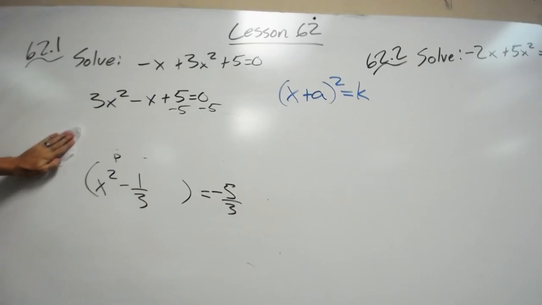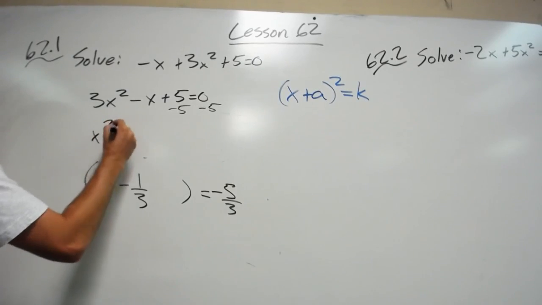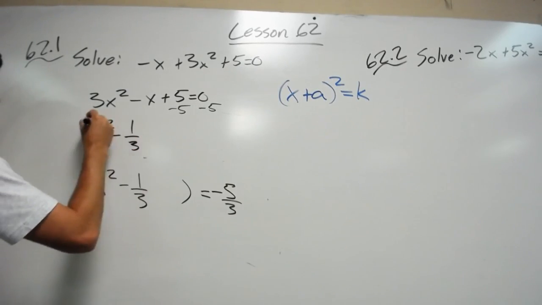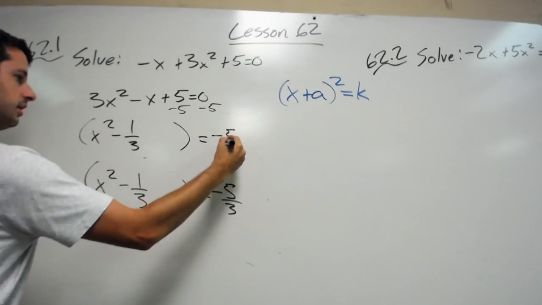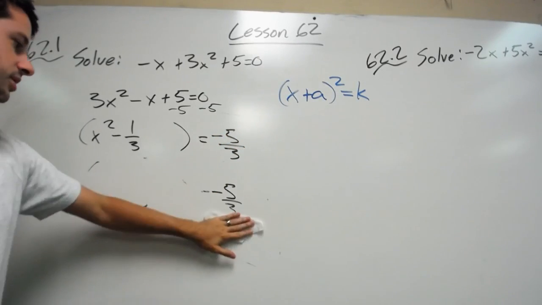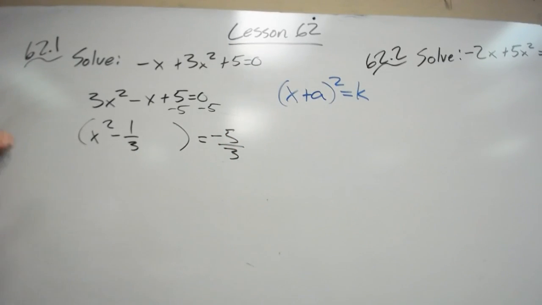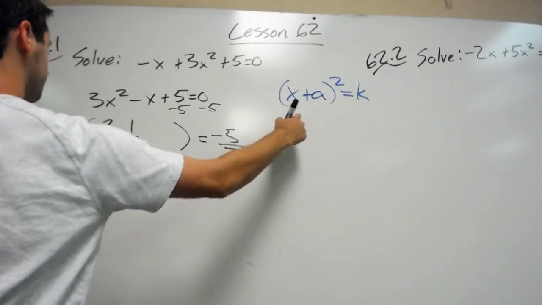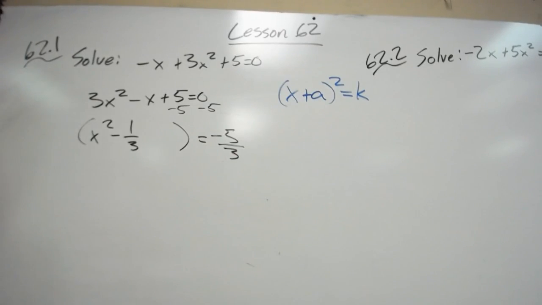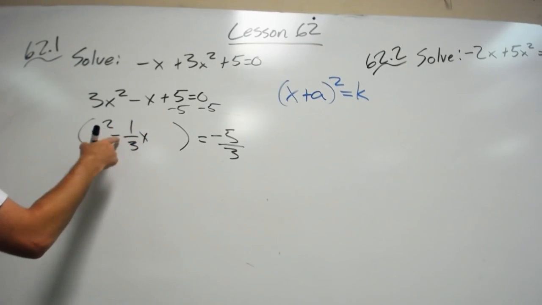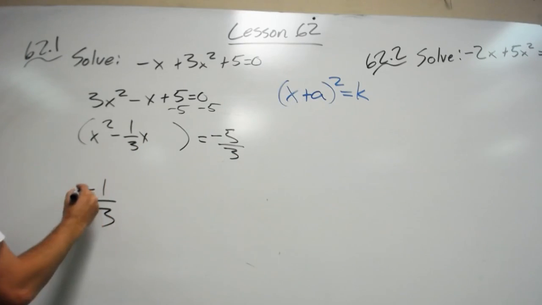I'm going to move this up just so we have a little more room to work here. Now the next step was to solve for a. Remember, this is the equation we're trying to get, x plus a squared equals k. We take our coefficient of x, which is negative 1/3, and we divide it by 2.